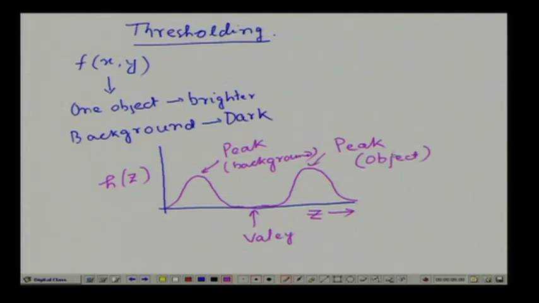Now, the simplest form of segmentation is if we can choose a threshold value, say t, in this valley region, and we take a decision that if a pixel at location x y has the intensity value f x y greater than t, then we say that this pixel belongs to object, whereas if f x y is less than or equal to the threshold t, then this pixel belongs to the background.